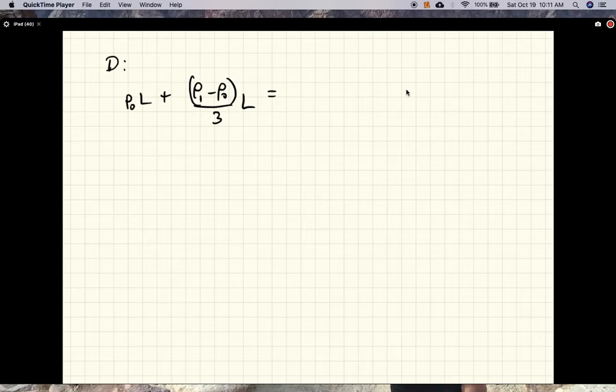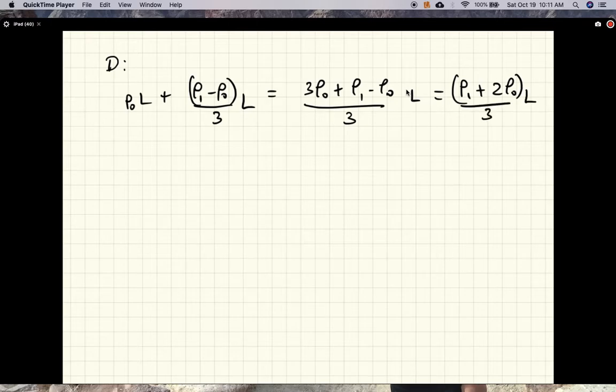This simplifies to (3 rho naught plus rho 1 minus rho naught) divided by 3, times L, equal to (rho 1 plus 2 rho naught) divided by 3, times L.